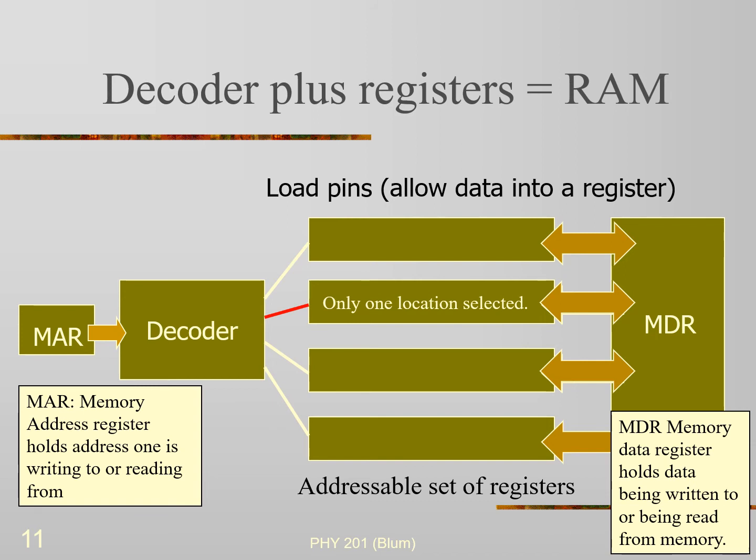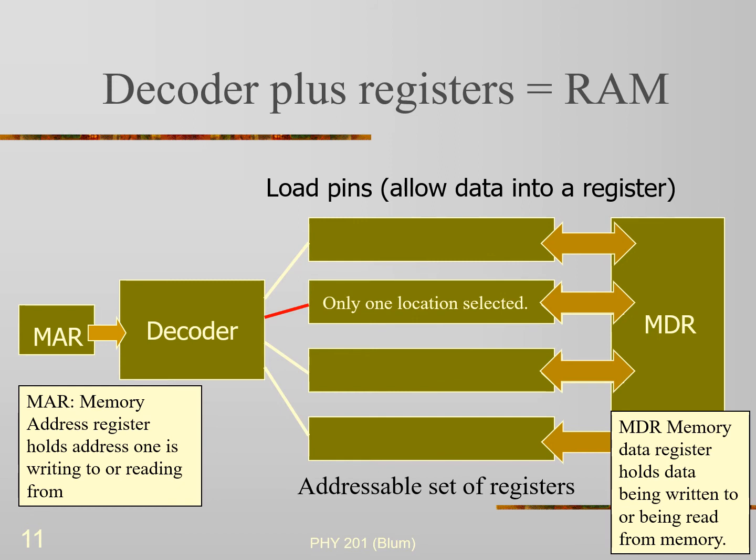And so one of them is chosen, the one that the decoder is pointing to. So you feed an address into the decoder, it picks out the output with that address and leaves all the other ones deselected. And then that memory can be worked with, either stuff put in or stuff taken out.